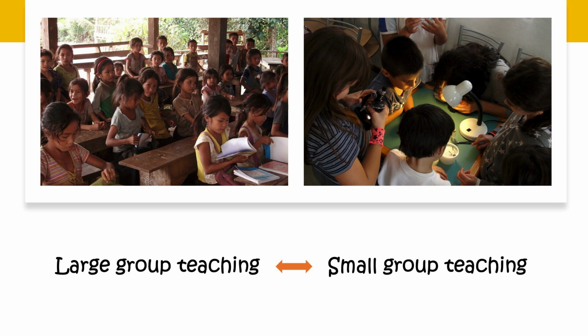Let's talk about teaching methods. Variety is important. You can use different teaching methods like direct or indirect instruction, experiential learning, interactive instruction, or independent study. When using these different teaching methods, it is important to keep the size of the group in mind.